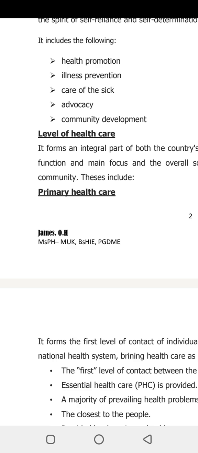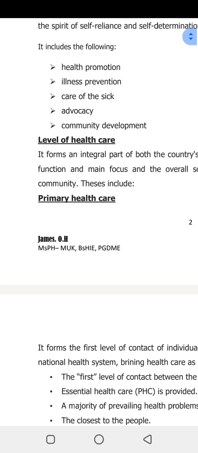You can also bring the government on board and tell them we need a health center so that these people access health equally like other people. That is lobbying. We have vulnerable groups, the disadvantaged groups in the communities, where we have people with disabilities, the orphans, and so many other people who are disadvantaged.